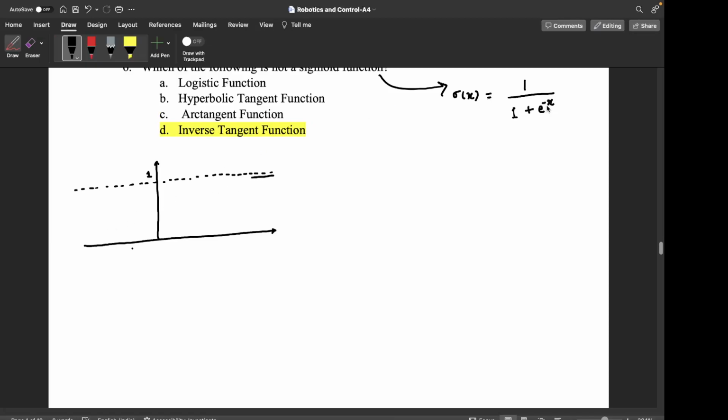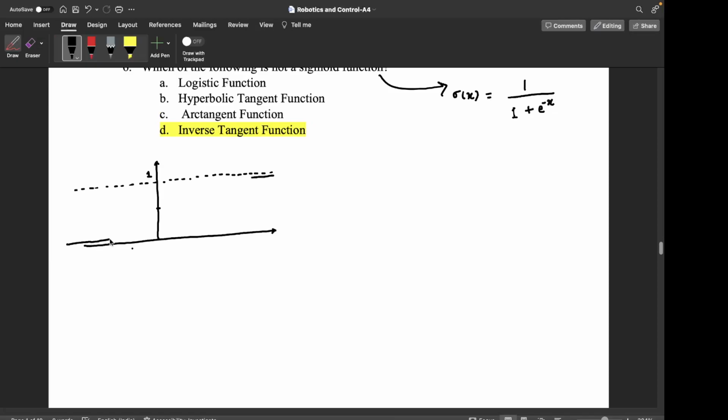Similarly, when x is minus infinity, this will be e to the power infinity in the denominator, so this will be 0. So the value asymptotically goes to 0 as x tends to minus infinity. Now when x is 0, this will be 1 by 2, so it will cross the y-axis at 0.5.